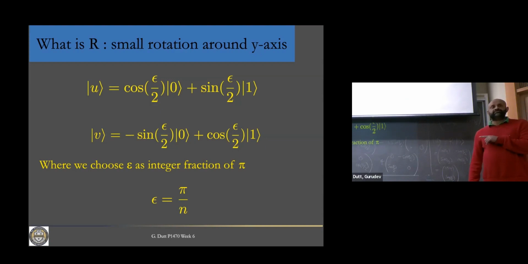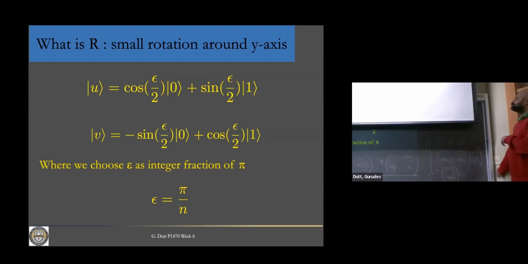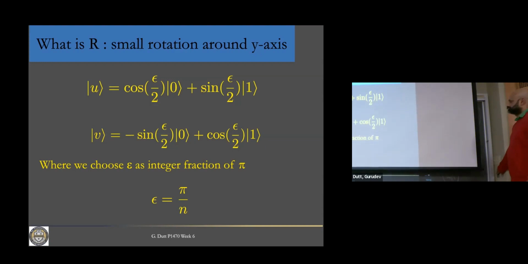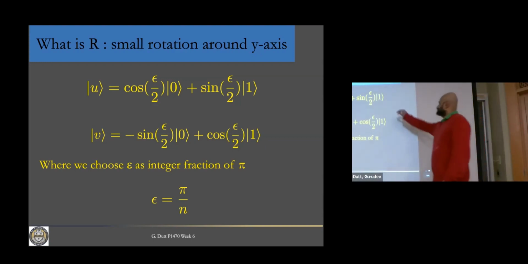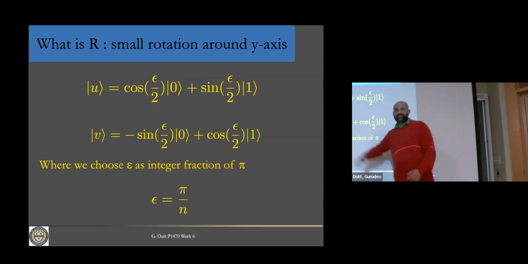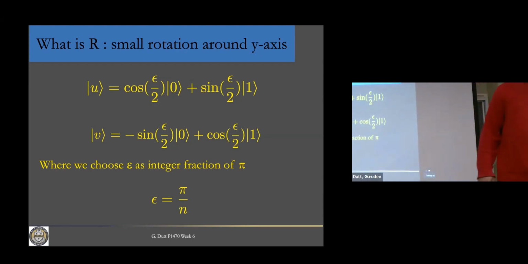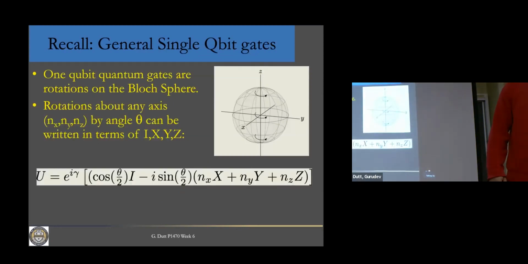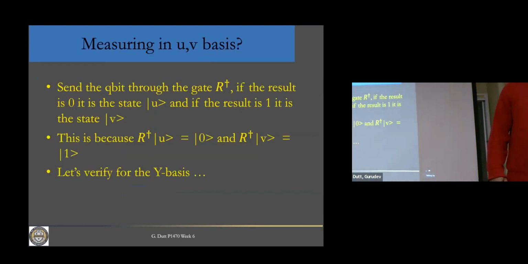Did everybody follow those steps? Okay, that is just the math. And the math just shows that indeed I have defined these new basis states U and V by the action of the rotation.